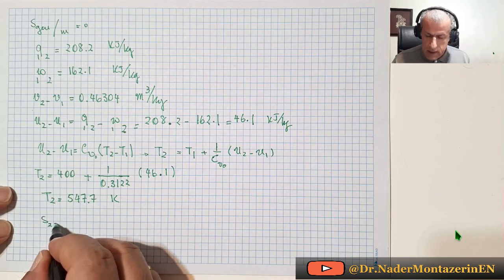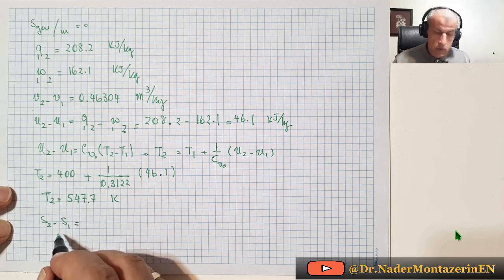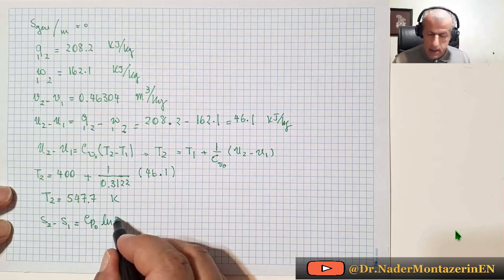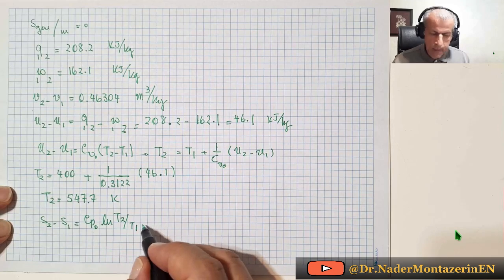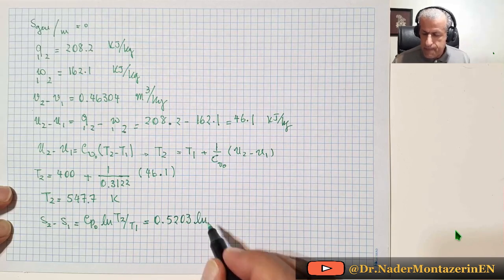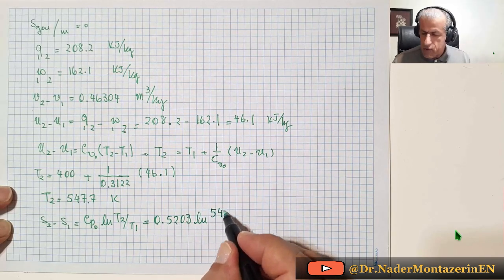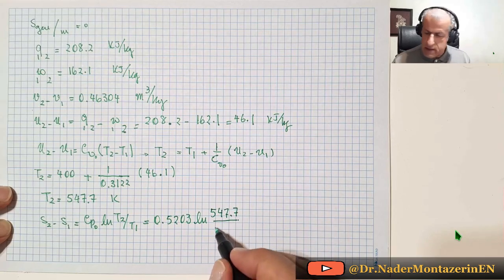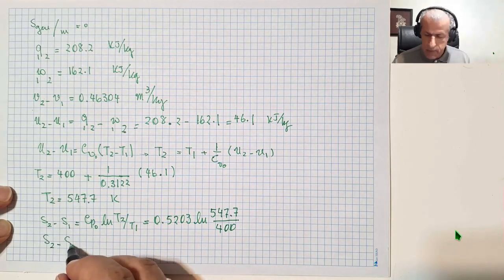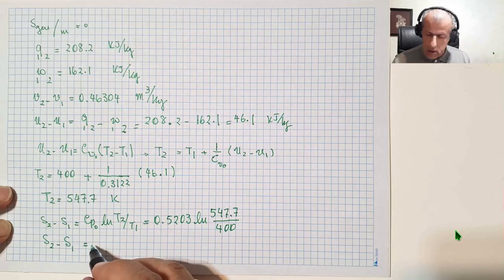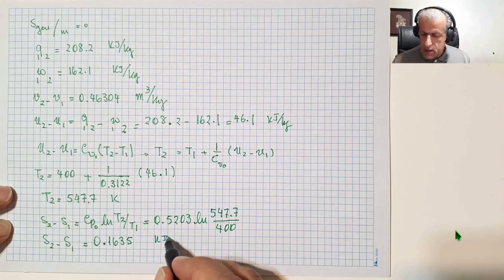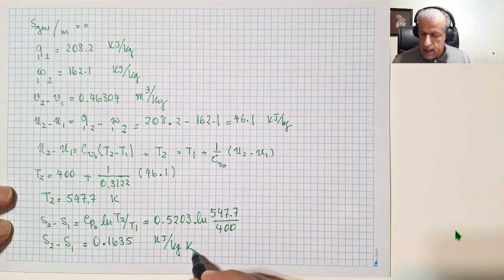Finally, we may calculate S2 minus S1, which is the change of entropy, and that is Cp0 ln T2 over T1, and that equals 0.5203 ln 547.7 divided by 400, and S2 minus S1 would equal 0.1635 kilojoules per kilogram Kelvin.